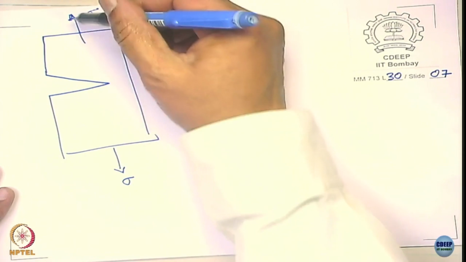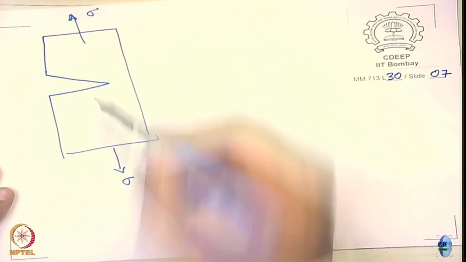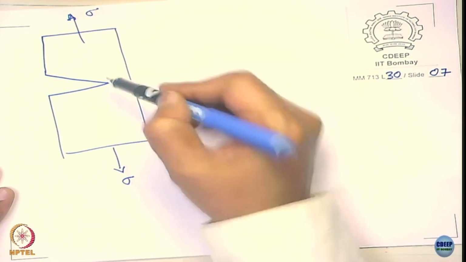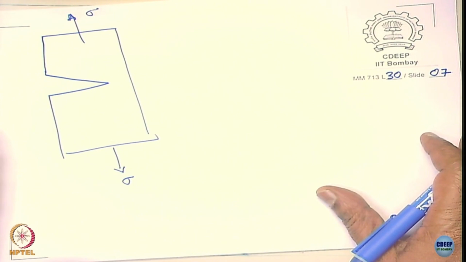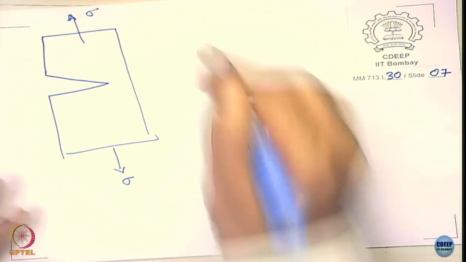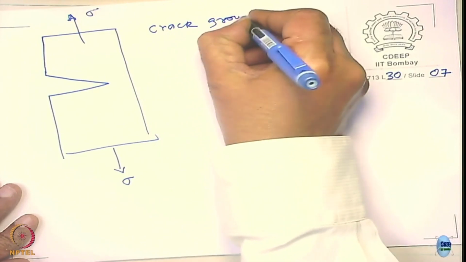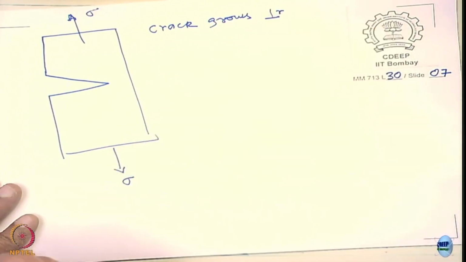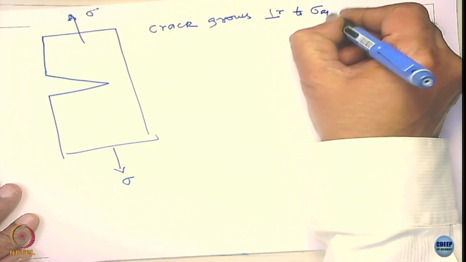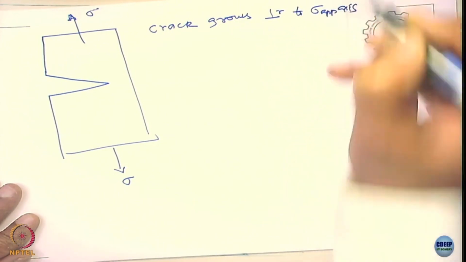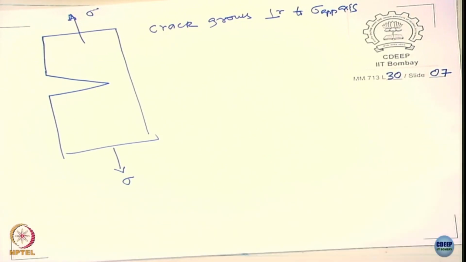Now when I apply a tensile stress, a pre-crack is formed here. The crack grows perpendicular to the applied stress, perpendicular to the stress axis, it just propagates, it grows.